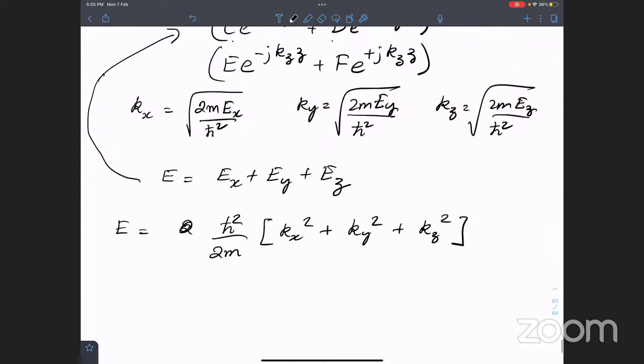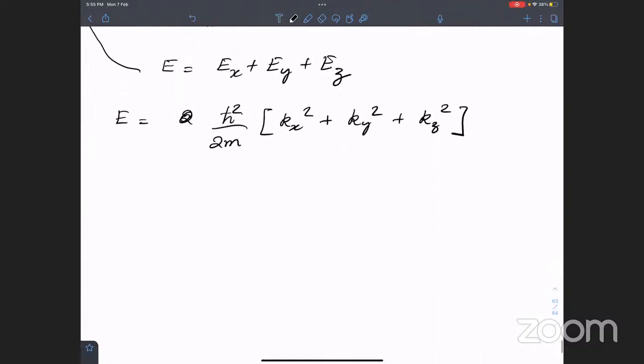So it is exactly like what we have done before, except now my k actually is a vector now. It is a vector because it has a kx x hat, ky y hat, and kz z hat.